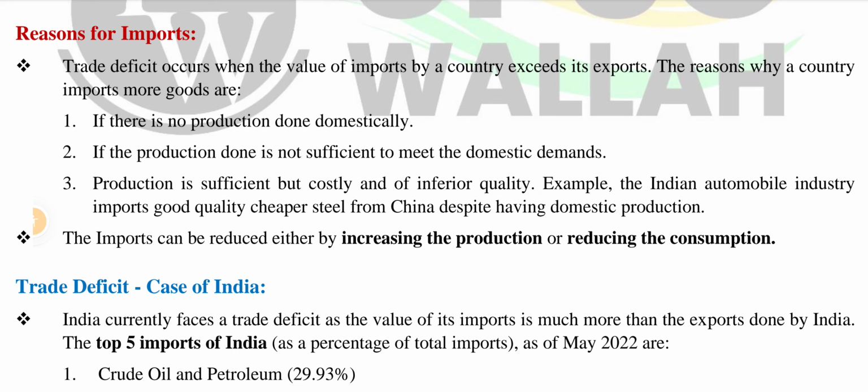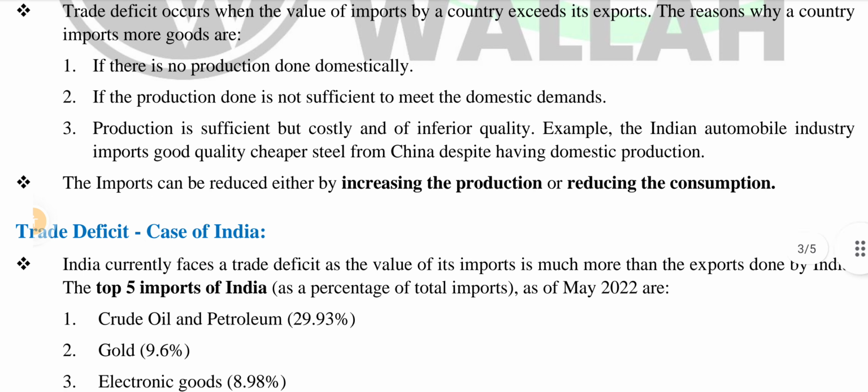Example: the Indian automobile industry imports good quality, cheaper steel from China despite having domestic production. The import can be reduced either by increasing the production or reducing the consumption.